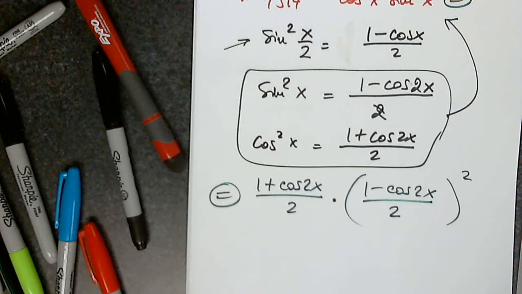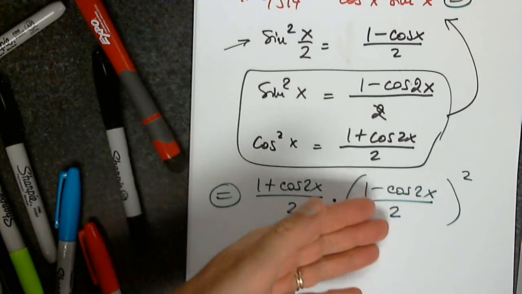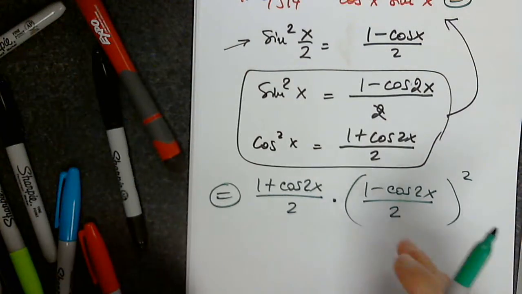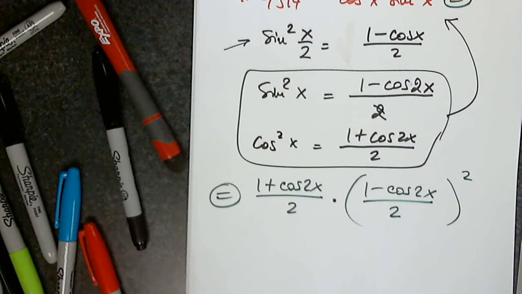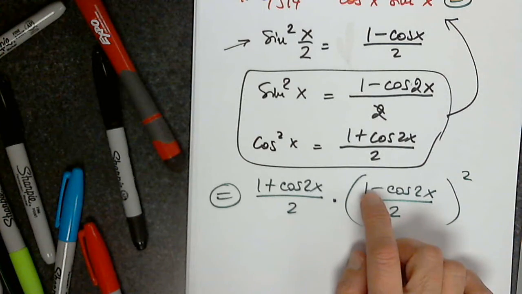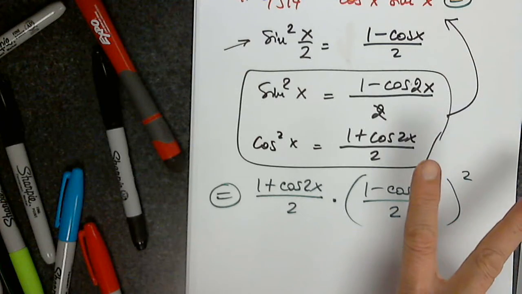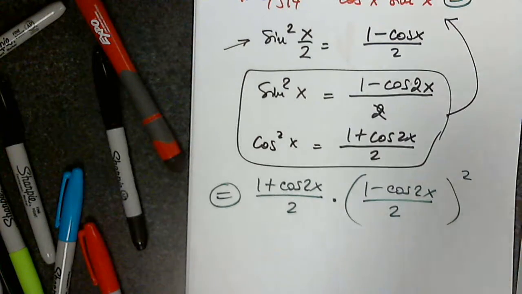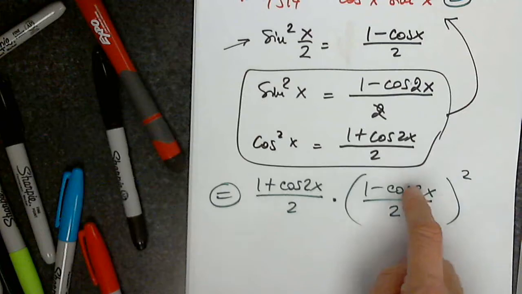Remember, you cannot separate 2 from x from cosine. Now, I leave this alone, but I have to square this. And this is the special product that we agreed on from the very beginning. When I square this, I get the first term squared minus 2 times the first times the second plus the second term squared.